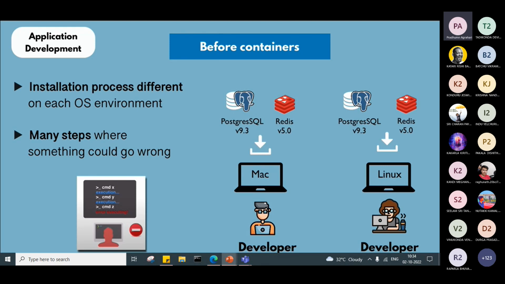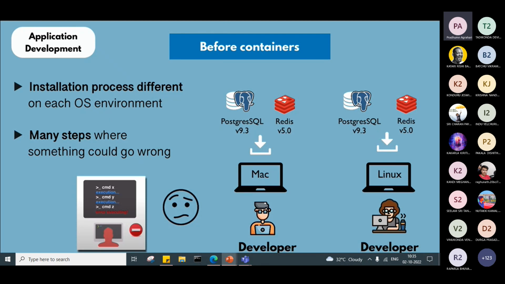Before containers, everyone had to install the application on their OS to make it work. Sometimes there is a problem because of a mismatch in the versions of different dependencies, so it is not able to move around. Let's say you have 100 dependencies, each with a different version, and sometimes one is updated.